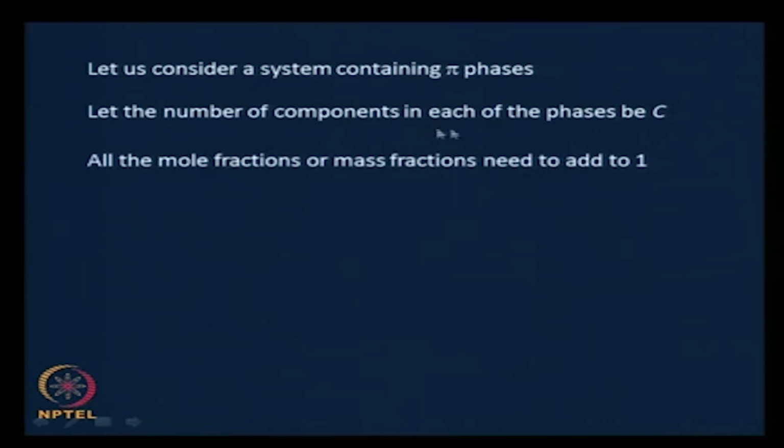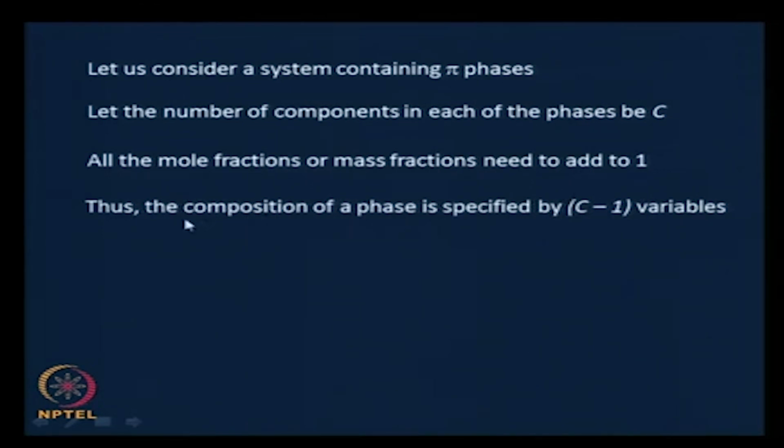If the number of components in each phase is C, we know that the mole fractions or the mass fractions need to add up to 1. For example, if the mole fraction is x1, then x1 plus x2 plus x3 and so on till xn must equal 1. So, this automatically gives us a relationship to be satisfied between the concentrations of the C components in each phase.